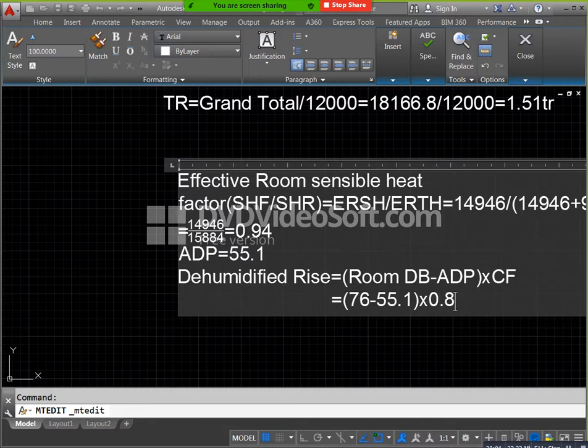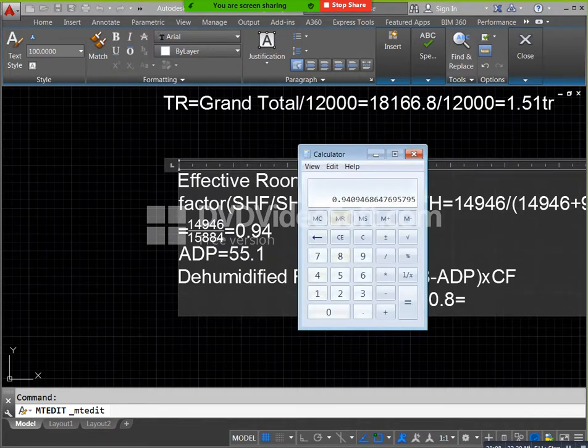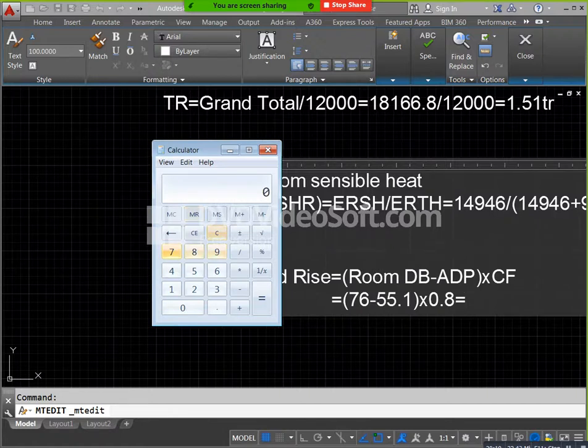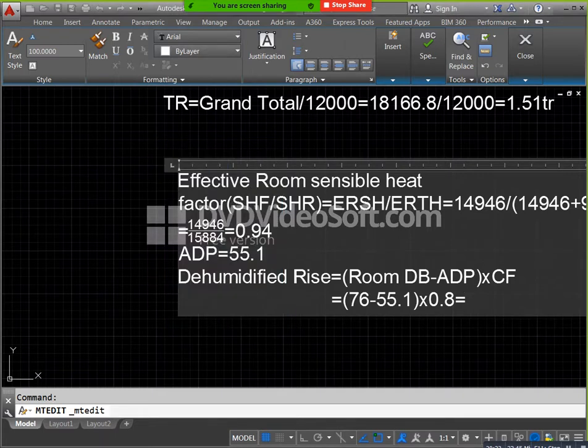Now we need to find out the supply CFM. How much air quantity we need to supply for that room, that one we need to calculate. For that you can use this formula: sensible heat divided by dehumidifier rise into 1.08. Now you can mention ERSH, air quantity, or supply CFM.